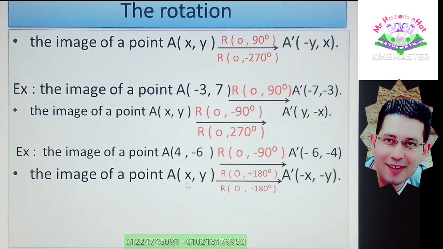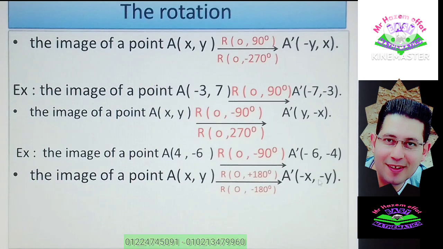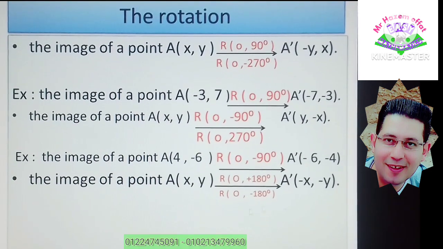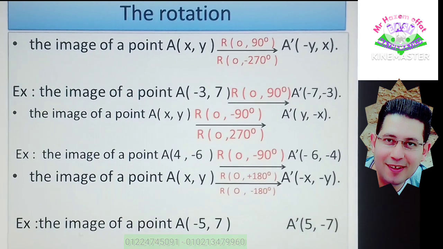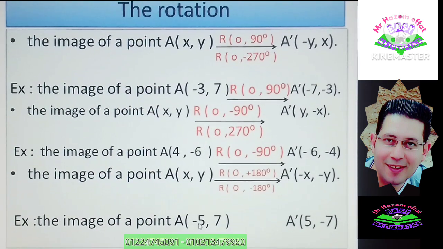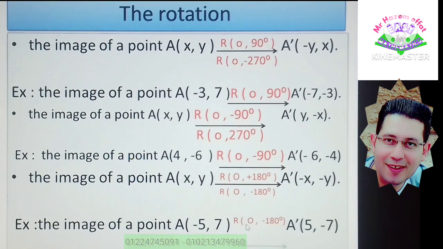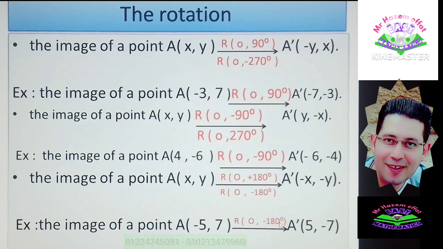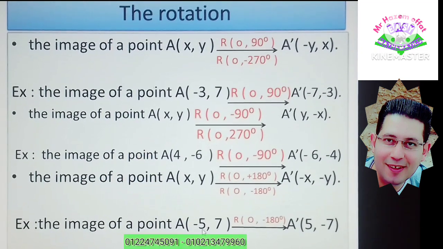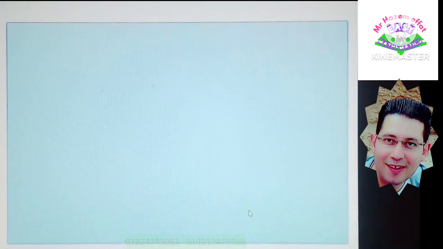We keep the positions of X and Y as they are, but we change both signs, so A dash is negative X, negative Y. For example, if I'm asked to find the image of a point A(-5, 7) by rotation around the origin point with negative 180 degrees, only the signs change: negative 5 becomes 5 and 7 becomes negative 7.